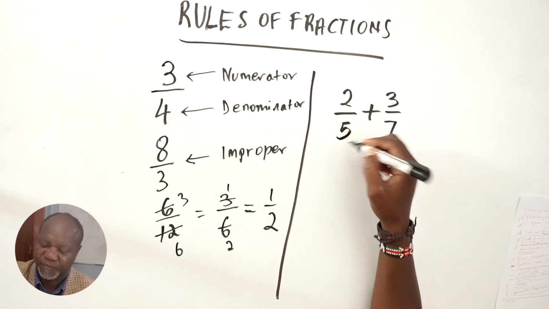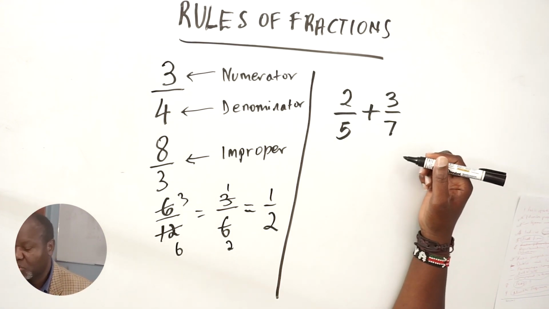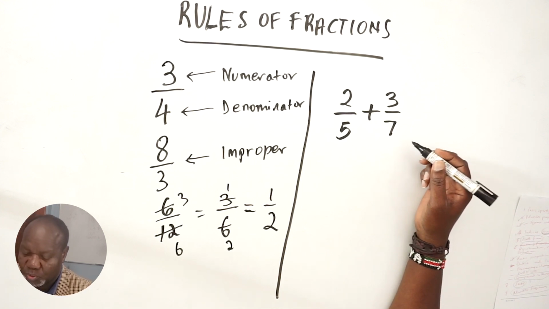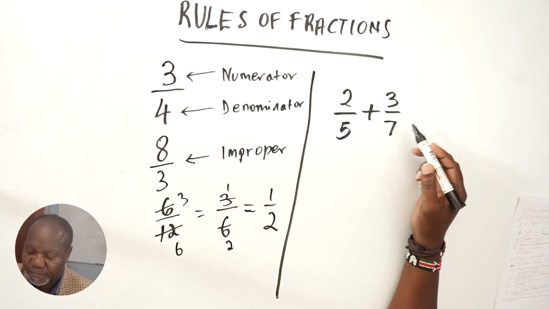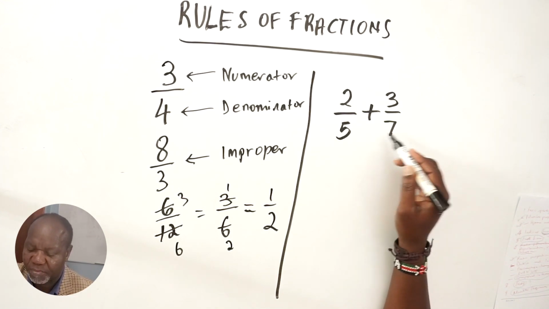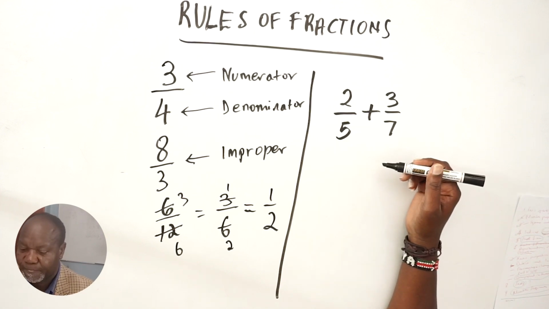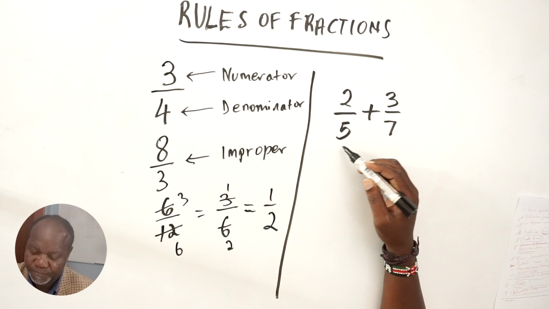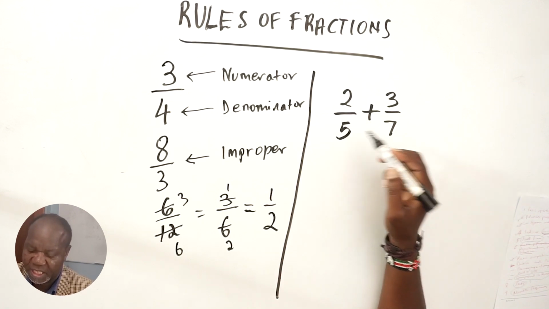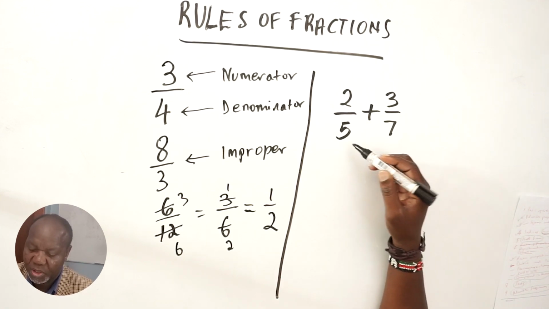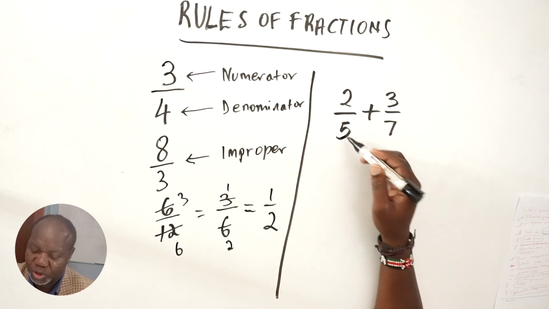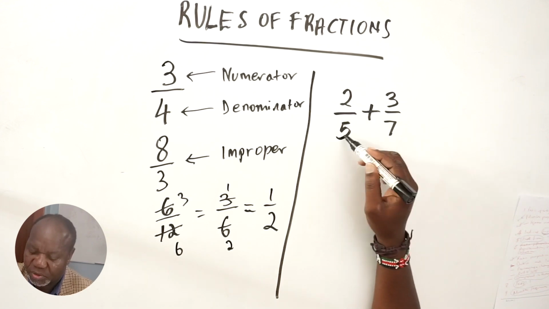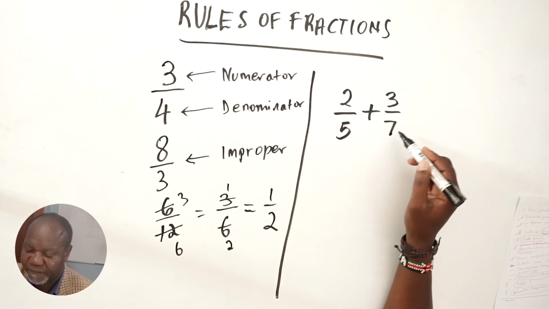So 2/5 add 3/7. One simple method which we'd like you to master is where you make the denominators the same, so that they are the same type of fractions. For example, these are fifths, these are sevenths. You can look for a common multiple of 5 and 7.